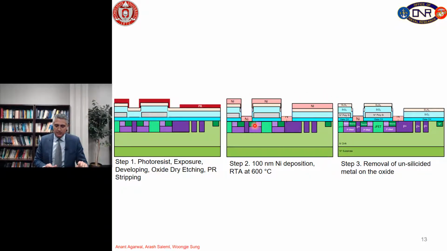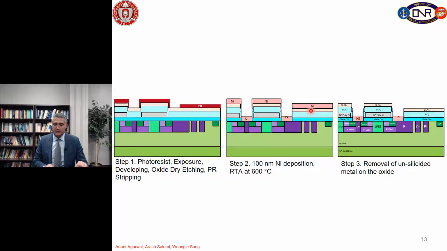Over the silicon carbide surface and also over this oxide, silicon nitride here. When we are doing the rapid thermal annealing at 600 degrees C, this nickel makes a nickel silicide with the silicon carbide at the surface of the silicon carbide.